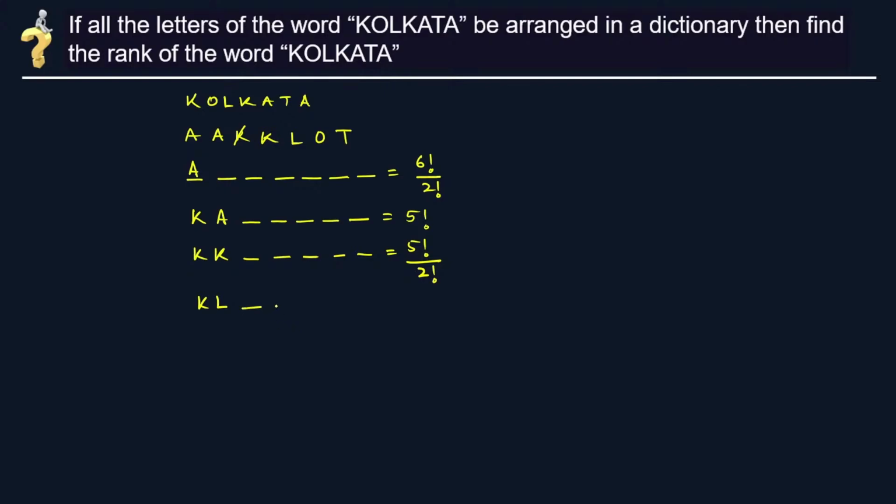Now, how many alphabets are we left with? Again, we are left with 5 places and 5 alphabets. So they can arrange among themselves in factorial 5 divided by factorial 2 only. Why? Because only the 2 A's are identical. 1 K is fixed, so I cannot divide it by factorial 2 again.